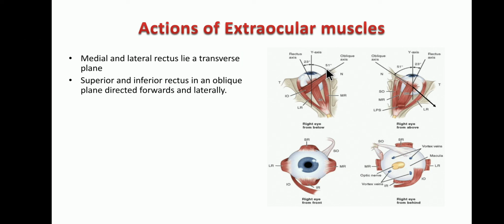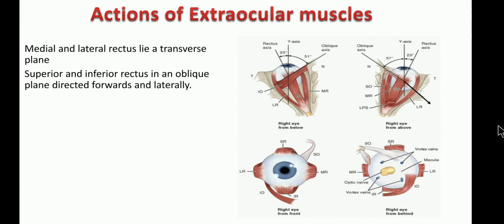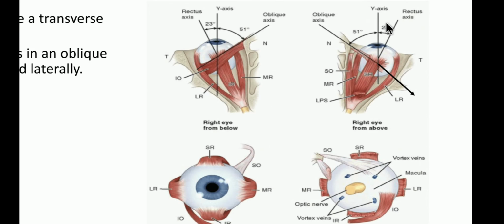Here you are able to see that forwards and laterally it makes an angle with the optical axis. It is 25 degrees. Now if the eye abducts, then the optical axis and the axis of superior and inferior rectus will become the same. They both will coincide.